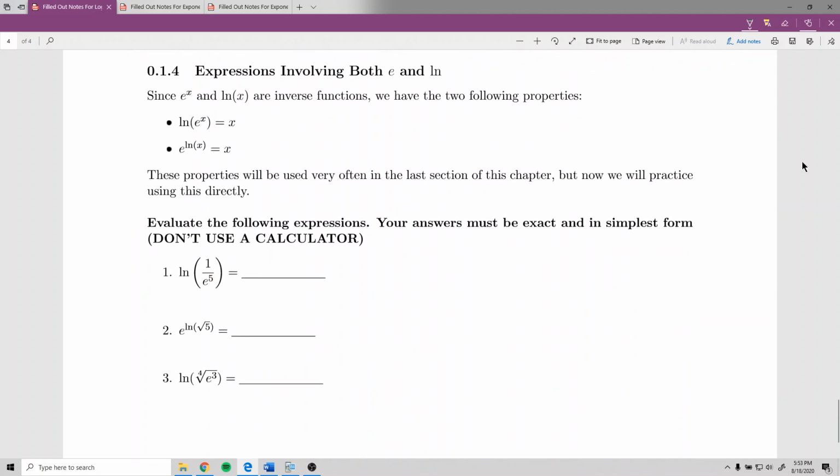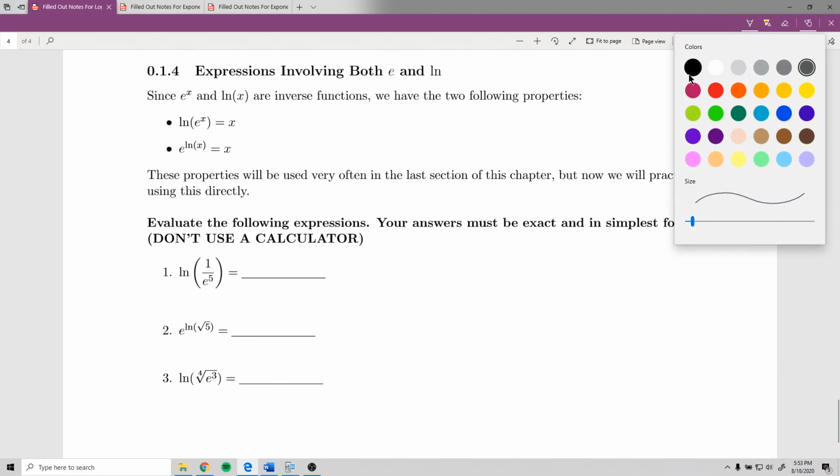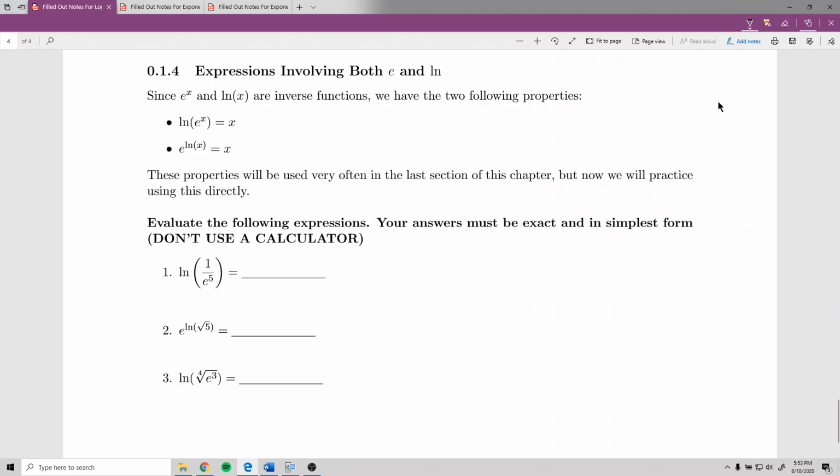All right, so the last thing is expression involving both e and the natural log. Now, since e to the x and the natural log of x are inverse functions, we have the two following properties. Ln of e to the x equals x, and e to the ln of x equals x. Right.